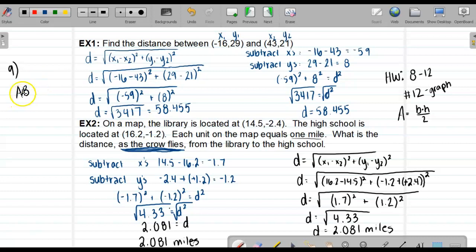So you would take the points A and B and do the distance formula, or subtract x's and subtract y's, Pythagorean theorem, whichever one you like best. And you'll find what AB is. And then you've got to find BC, so you'll use those points to find that side. And then you'll have to find AC. And then you're going to add all those together to get your answer.